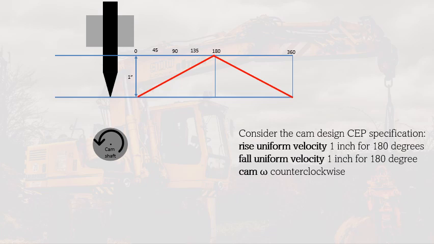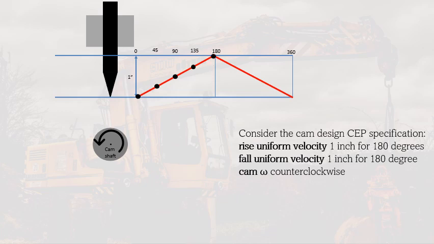Now that we have the displacement diagram, we will then plot it. We can do that by noting some points that intersect this red line at the different angles: 0 degrees, 45 degrees, 90 degrees, 135 degrees, and 180 degrees.